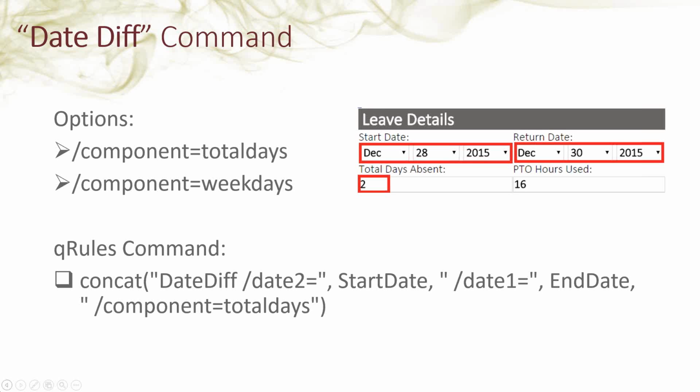So this is your tip. And also add component is no, total day. I said total day, but if you would like to get weekdays only, please use the option for weekdays only. So this is the first command we covered, okay?